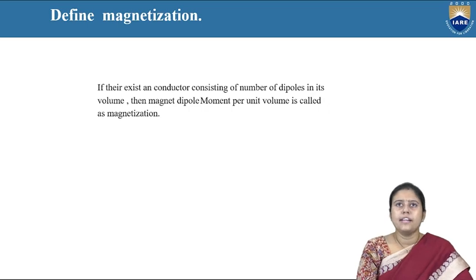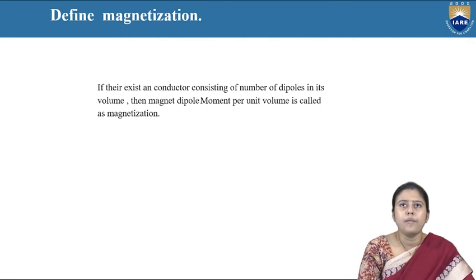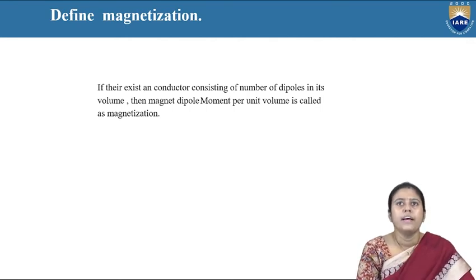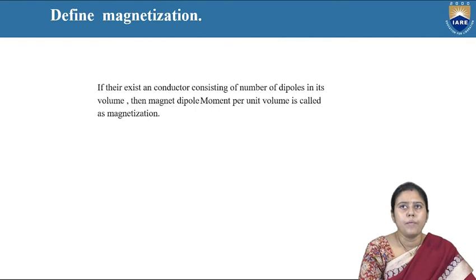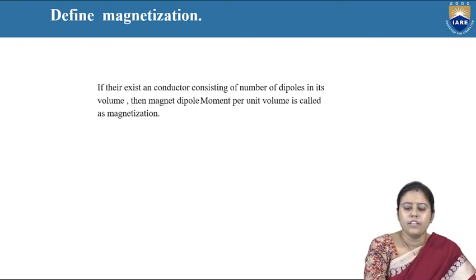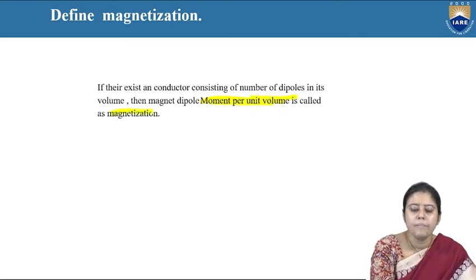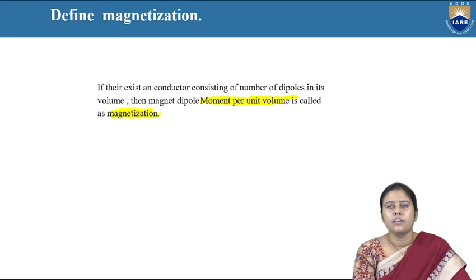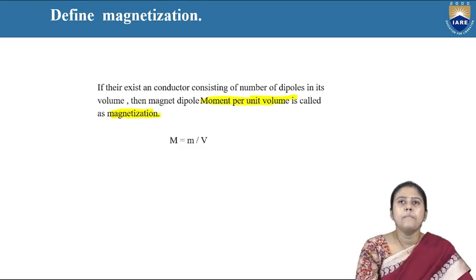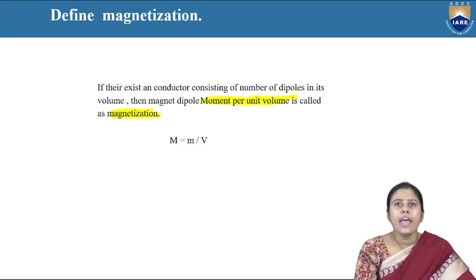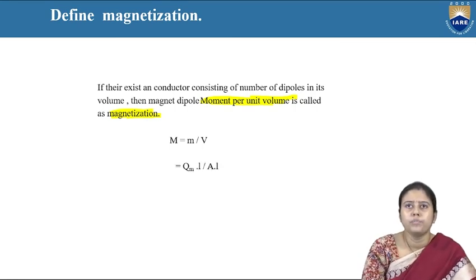Define magnetization. If there exists a conductor consisting of a number of dipoles in its volume, then the magnetic dipole moment per unit volume is called the magnetization. So it is M by V, where M is the magnetic moment and V is the volume.